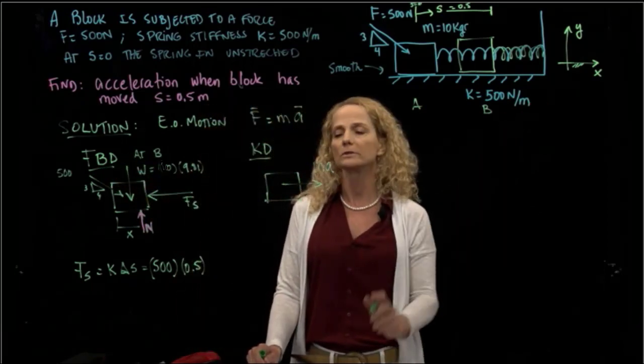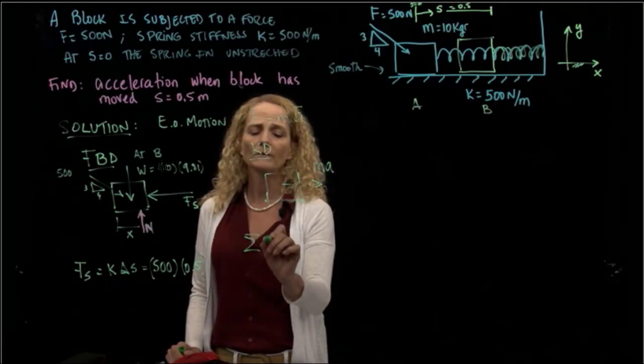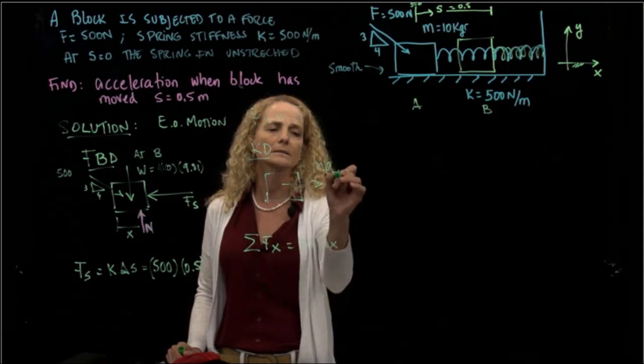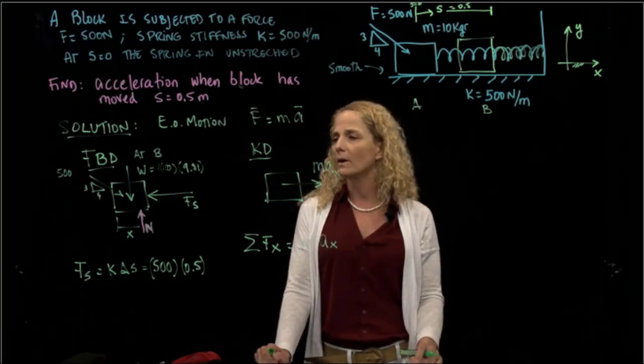Since I don't know if it's decelerating or accelerating, I will put it as an unknown with my arrow in the positive direction. So I add all my forces in X, and that will be equal to my mass times acceleration in X. I do not have any acceleration in the Y direction.